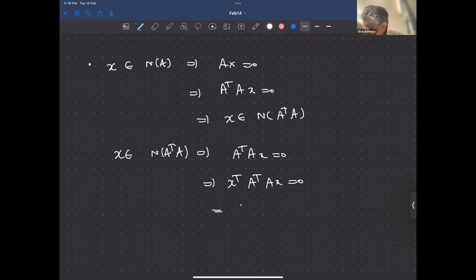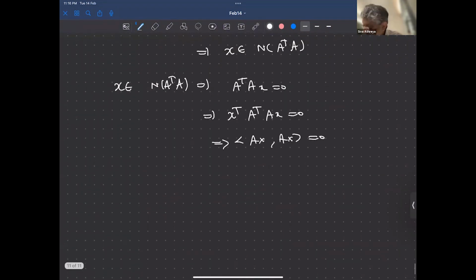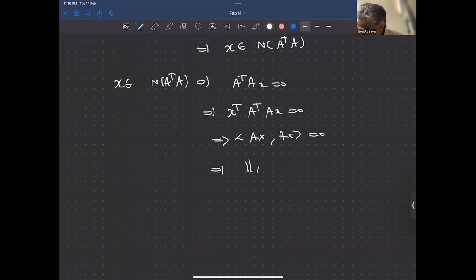That's the same as Ax inner product with Ax is 0. But if you take the inner product of the same vector, that's the L2 norm squared, which is 0. And that's the same as saying Ax is 0. Cool, very nice. That means x is in the null space of A.